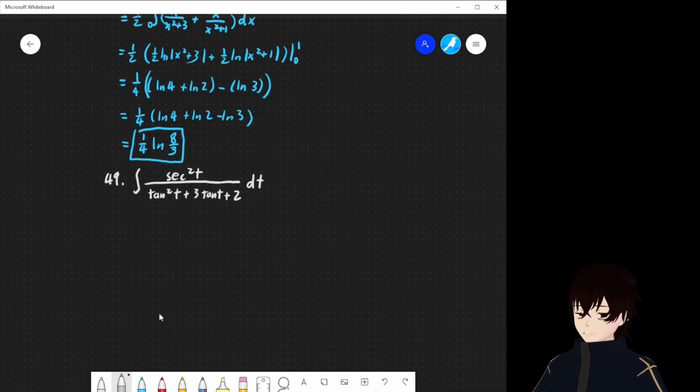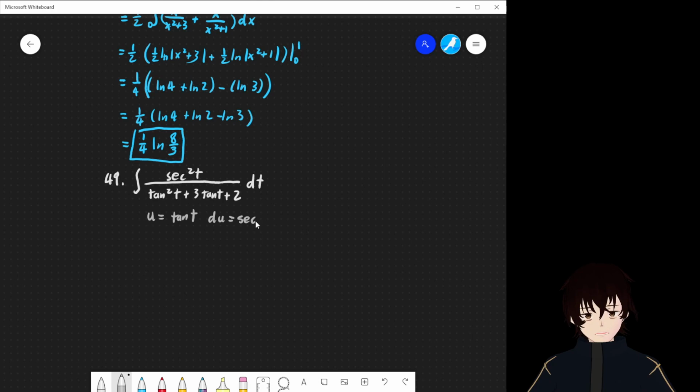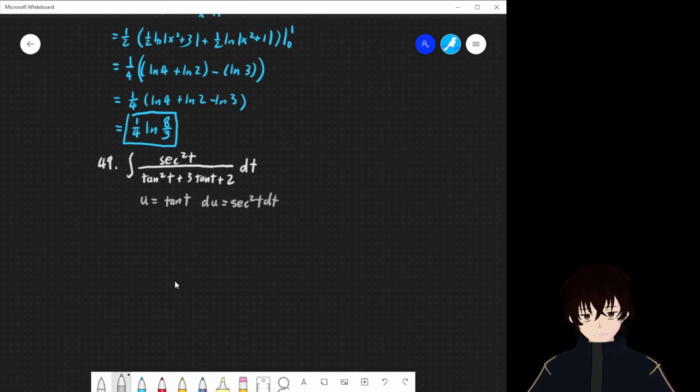So we would first need to do a u sub. U is equal to tangent t. This way we get a polynomial on top and bottom, so we get a rational expression. Du is equal to secant squared t dt. It's perfect.